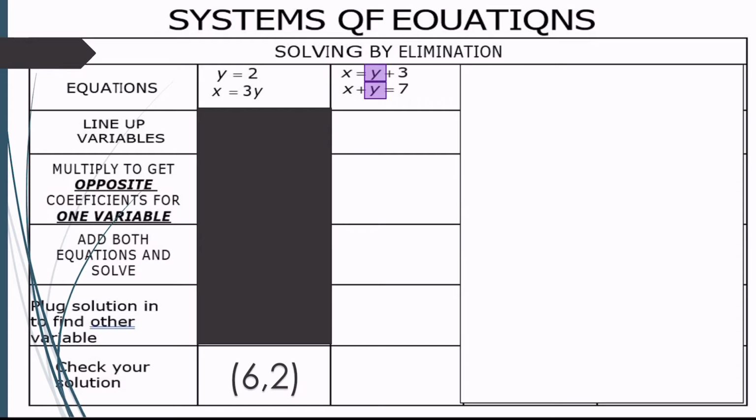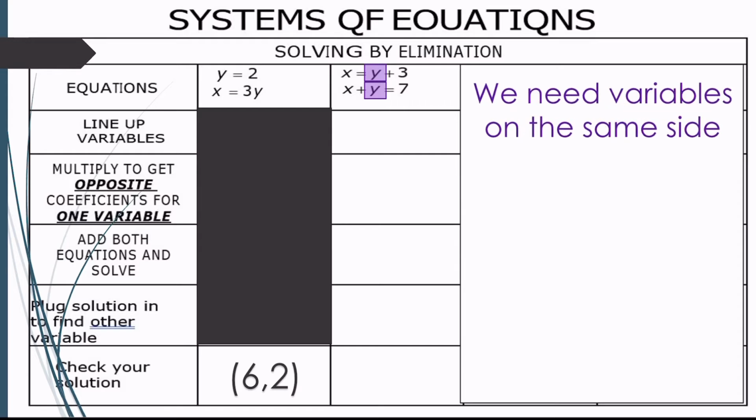I could do this one of two ways. I need my variables on the same side. So I'm going to take this first equation and leave it as it is. I'm going to take my second one and go on another sheet of paper or down below where you have space, and I'm going to get y to the other side by the process we've been doing with equations.